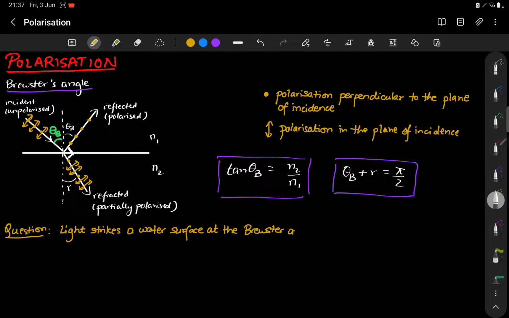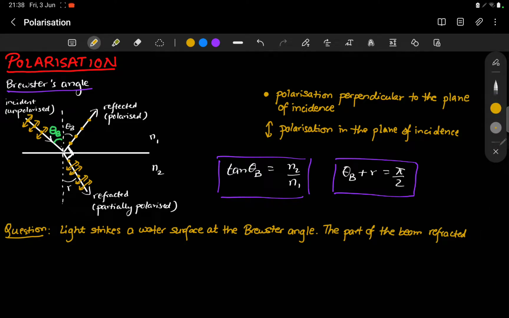So at the Brewster angle, the part of the beam refracted into water strikes a submerged glass slab and the refractive index of the glass slab is 1.5.